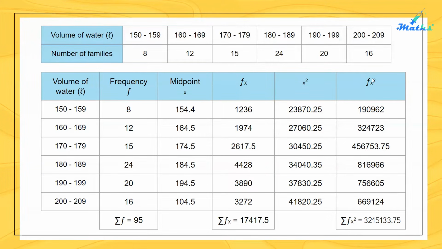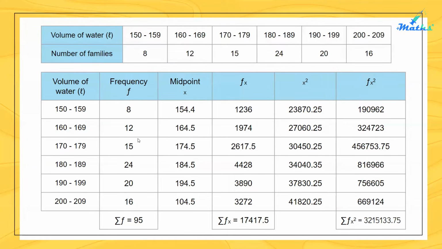And for fx power 2, we take the frequency times the x power 2. 8 times 23870.25, we will get 190962.